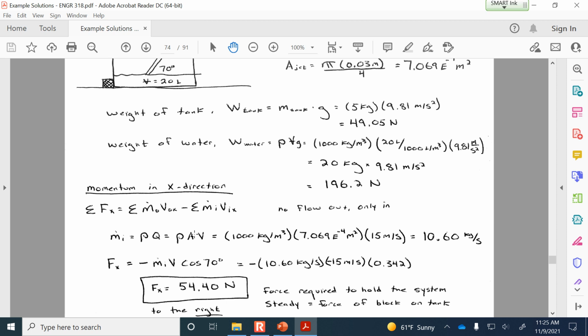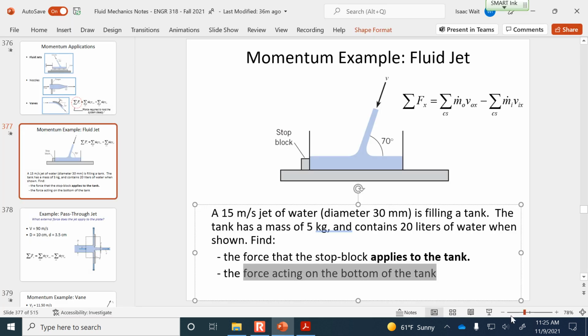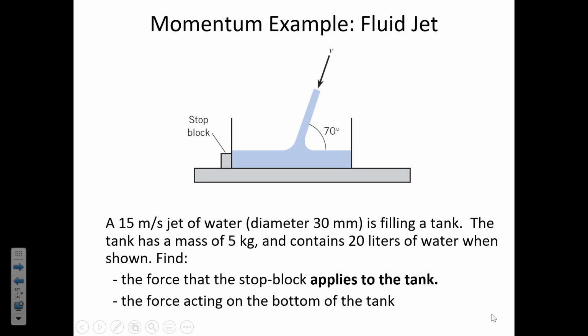We need to keep it separate because it's only in this second velocity term that we account for the angle and also the direction. All right. Any questions on that first one?